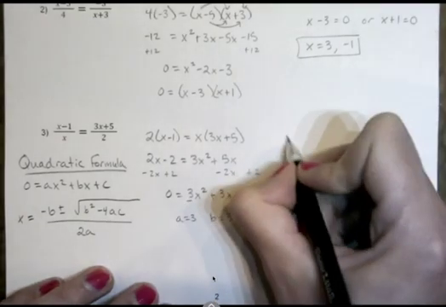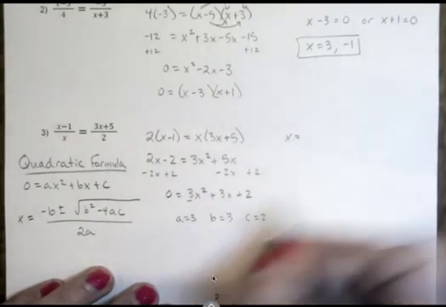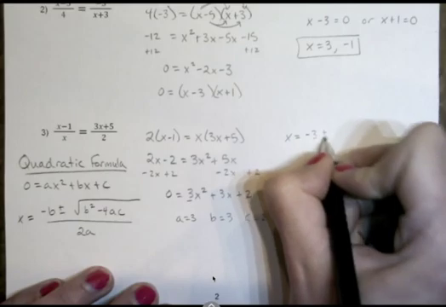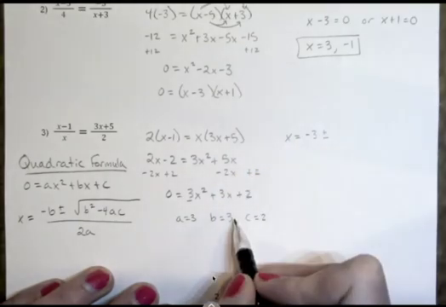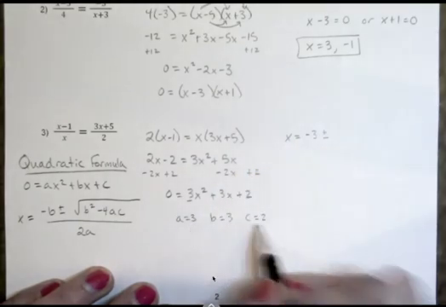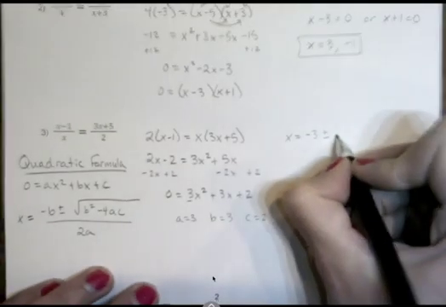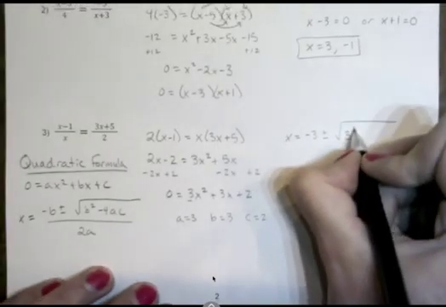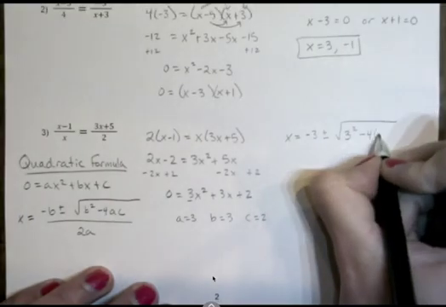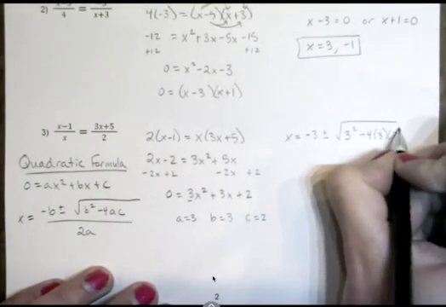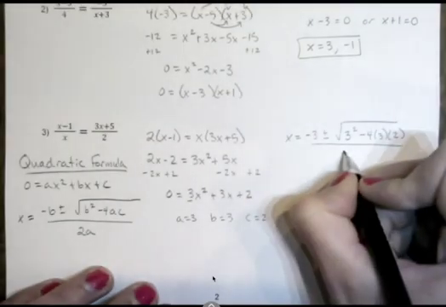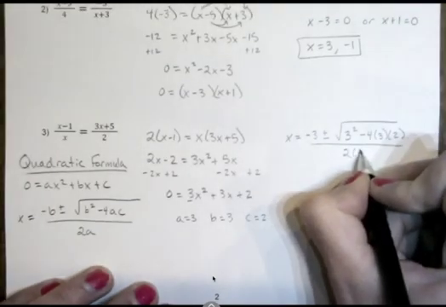So we've got x equals, negative b is negative 3. Notice I just put the 3, not the x. Just the numbers are what go in the quadratic formula. Square root of b squared minus 4 times a times c, all over 2 times a.